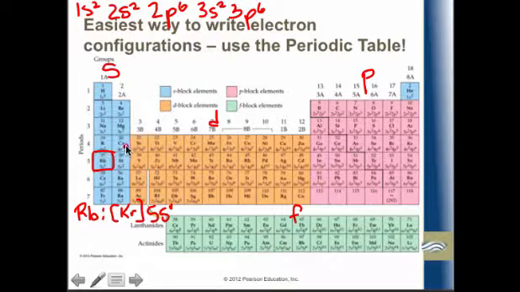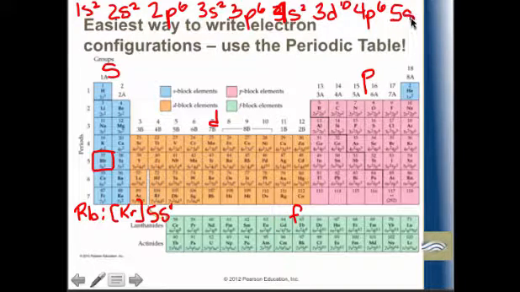I'm now in row 4, 4s2, 3d10. Remember to drop back when you hit the D's. Now go up 1 because I'm back into the 4p's, and they're full. This is actually krypton's electron configuration, and now the finish of 5s1. This is the electron configuration of rubidium.